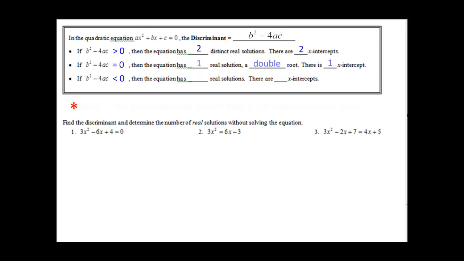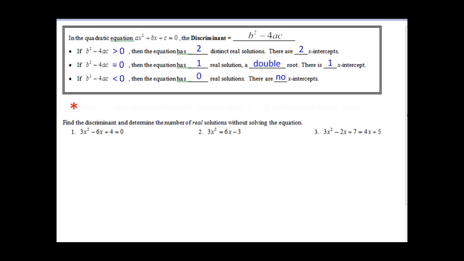It has one real solution, and we call that a double root, because we got 2 answers but they were both the same, so it's only one x-intercept, where the vertex is on the x-axis. And the last one, we got -20, which is less than 0. It has no real solutions and no x-intercepts. So in numbers 1, 2, and 3, we're going to find the discriminant and determine the number of real solutions without actually solving the equation.